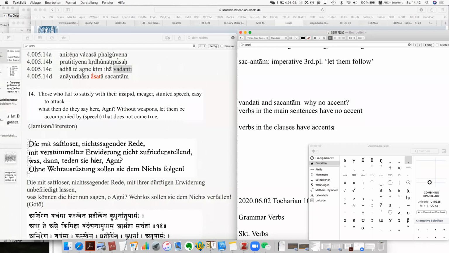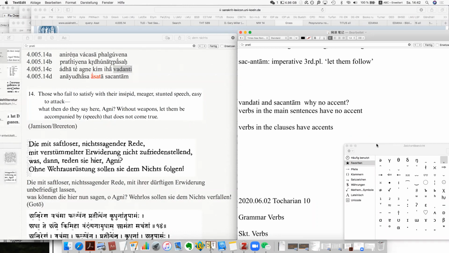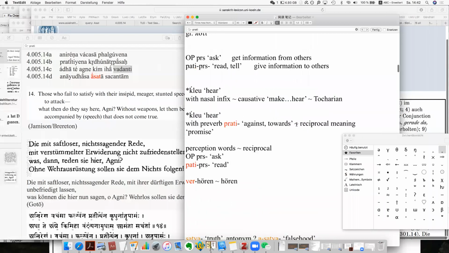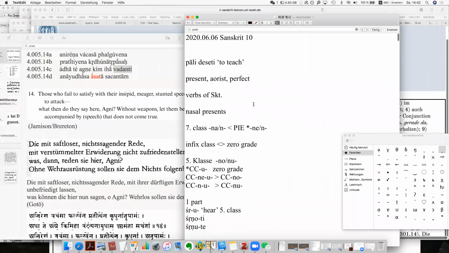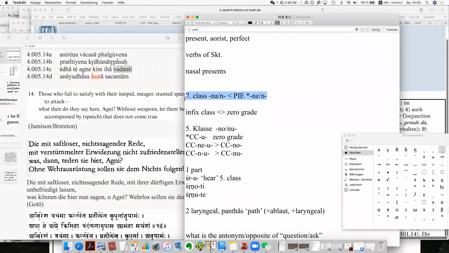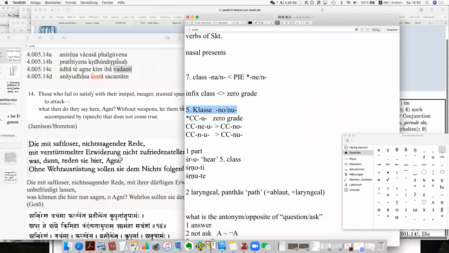Okay, so this is everything for today. And so let's make a very brief summary of what we have done today. So at the very beginning, it's a little bit complicated. I hope you can get the main point, get the most important information. So I start from the nasal present, namely the fifth class.